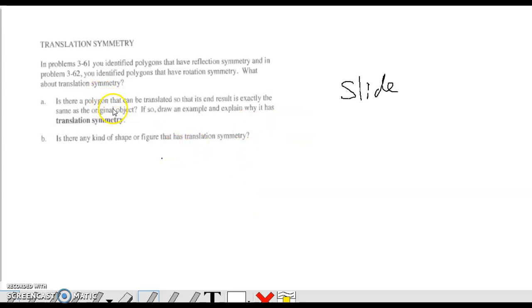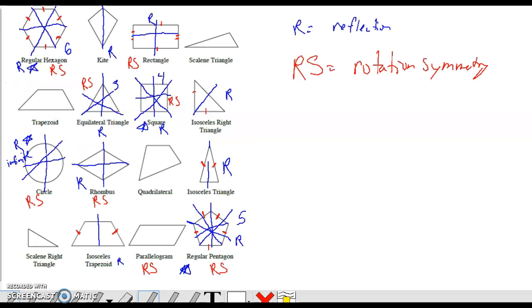So is there any polygon that can be translated, so moved up, down, left, or right, so that the result is exactly where the same object is? So again, if we take a look at all of our pictures, can I take this picture and slide it up and it will be exactly on the same image?